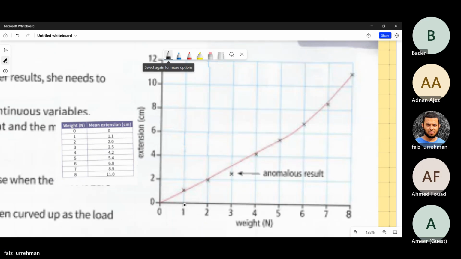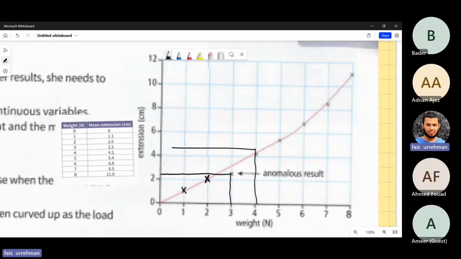The second point, 2.0, not 2.2. The third point, 2.5 centimeters. Fourth, 4.2, like this. After she plotted the points, these were the points that she plotted on the graph.